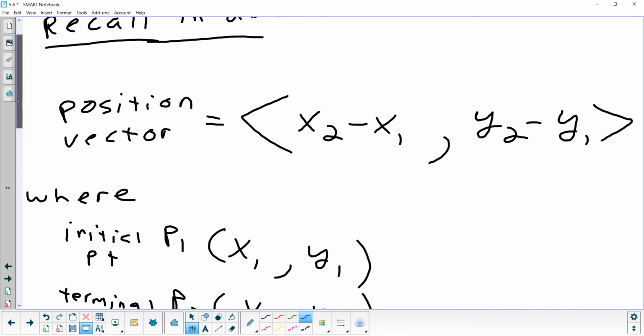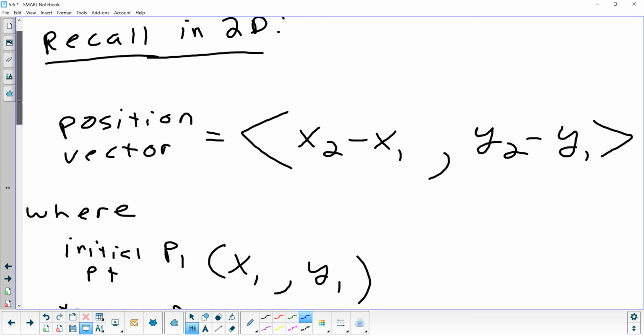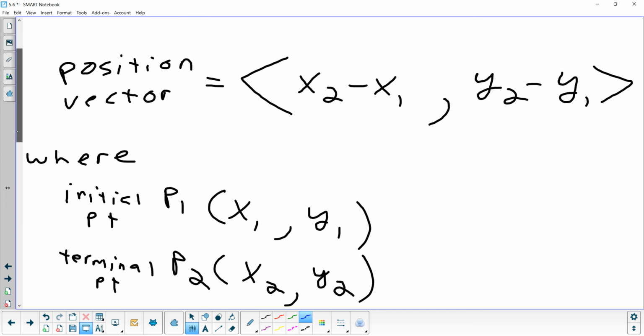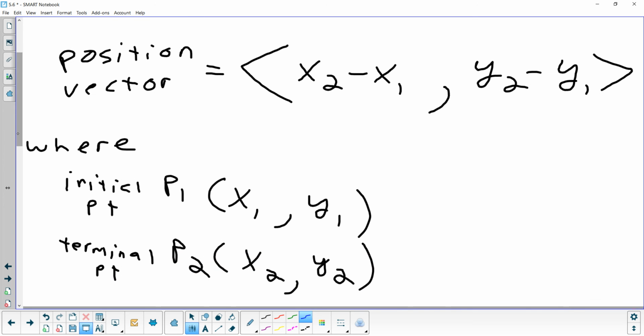This is the exact same formula you have in your notes from Monday. So if you want to write down the recall, you can, but you already have that. Now, what we're going to do is extend the position vector formula to 3D. And we're going to do it just like we did the distance formula. We're just going to have to add a small thing onto the end, one more calculation.